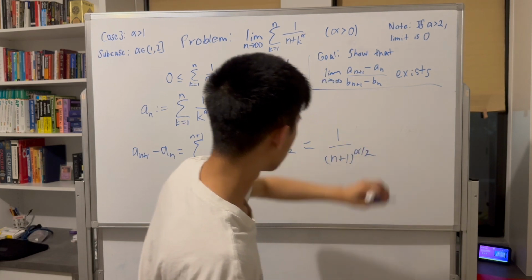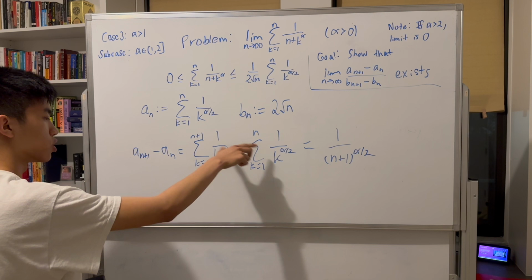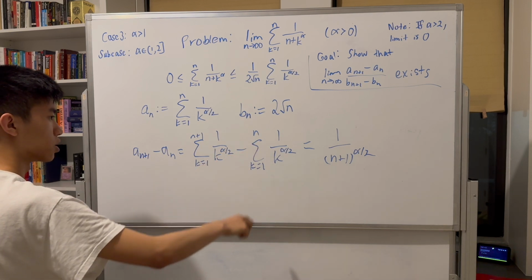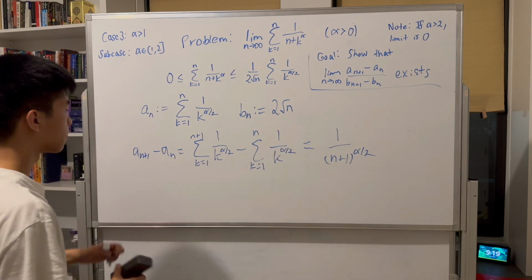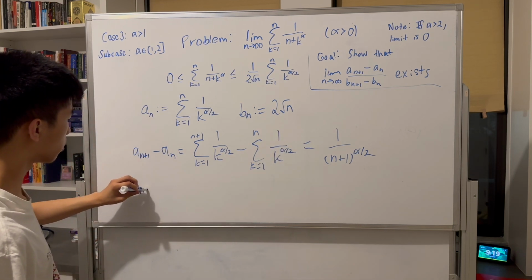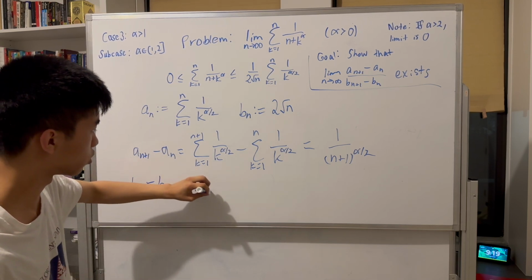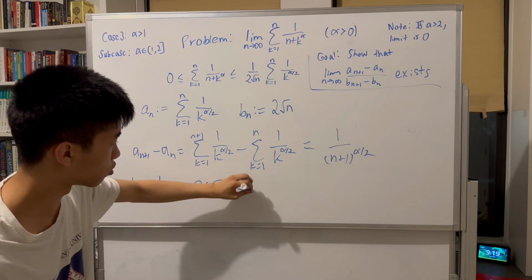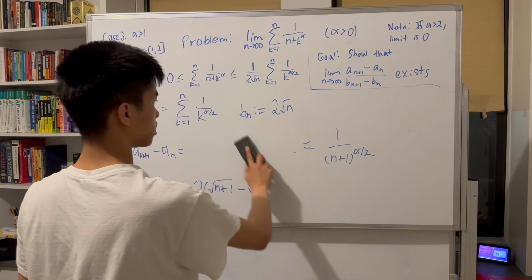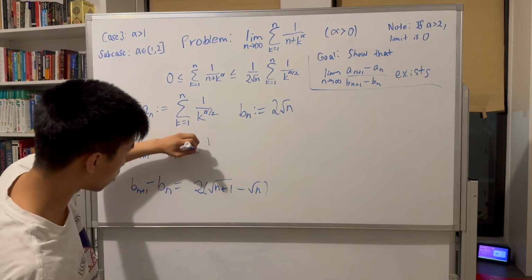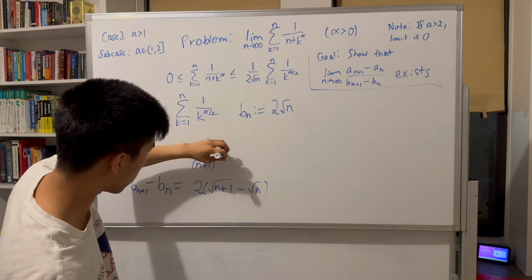The terms from k equals 1 to n will all cancel out between these two sums. The only thing left is just the n plus 1th term. And then b of n plus 1 minus b of n, well, that's pretty easy. That's just 2 times root of n plus 1 minus root n. So we'll have 1 over n plus 1 to the alpha over 2 power.